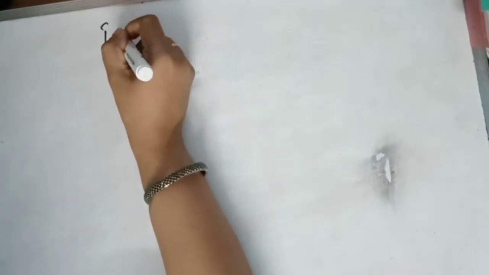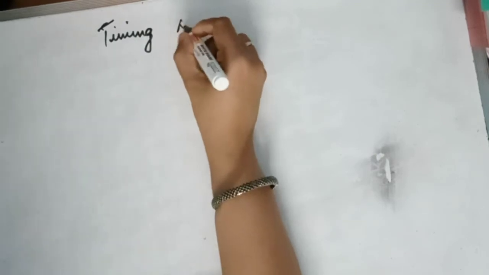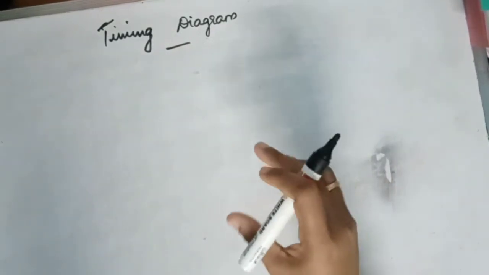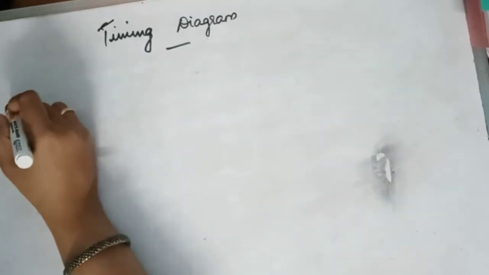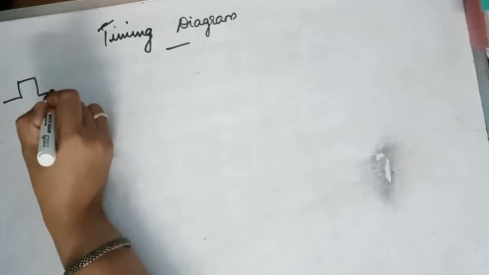Now there is something called the timing diagram. The timing diagram shows us how the output changes. For that you need to draw the clock.